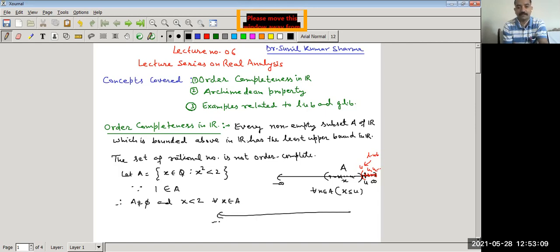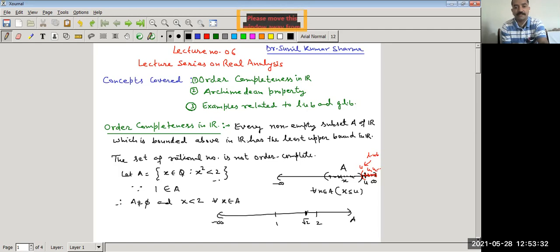This is our set A. Root 2 lies here. Root 2 is the geometric mean of 1 and 2, and it lies between 1 and 2. So this is root 2. All the x are less than 2. Why do we take root 2?